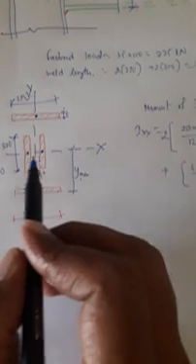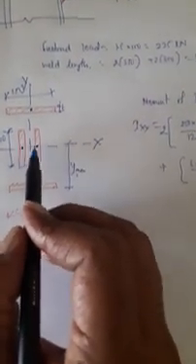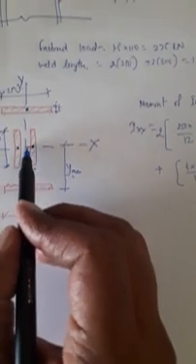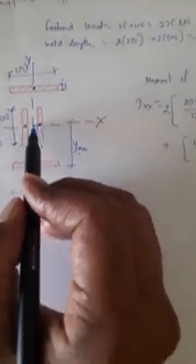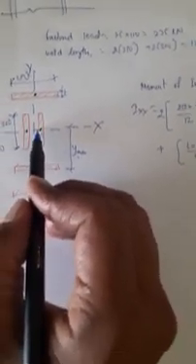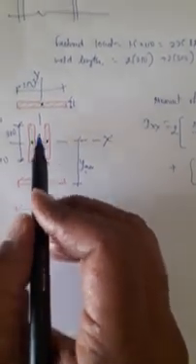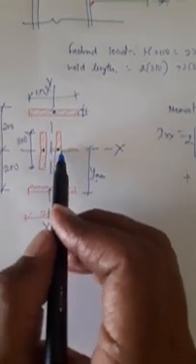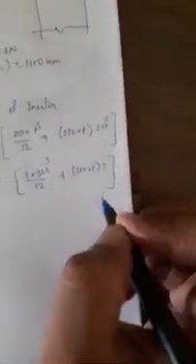Now look at this distance. This axis and this one are almost overlapping each other. There is very little difference between the two, hence this can be taken as 0. Practically this is 0. Just for showing sake I have shown it like this.